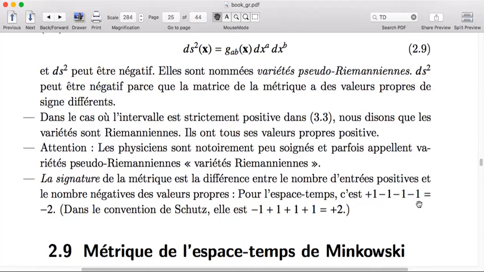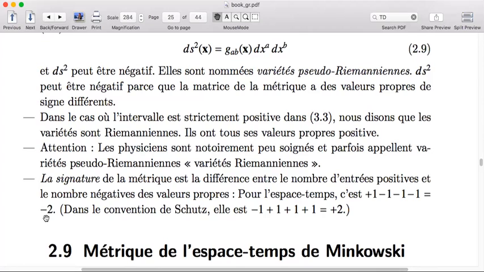So the signature of our pseudo-Riemannian manifold is -2, and that corresponds to the case of Minkowski space. And that doesn't change in general relativity.